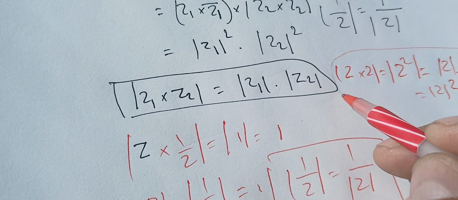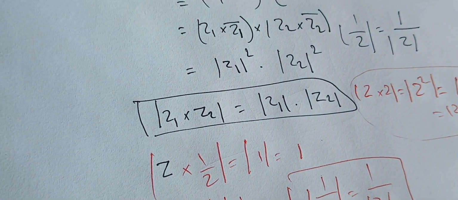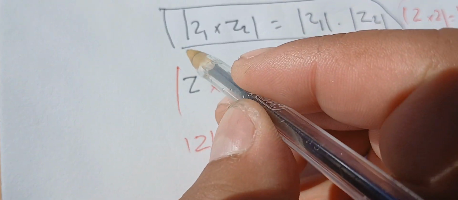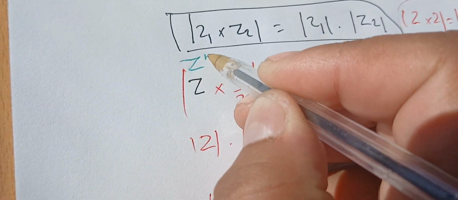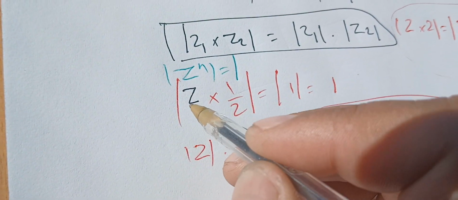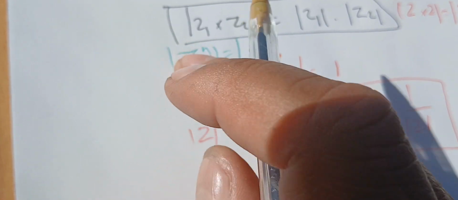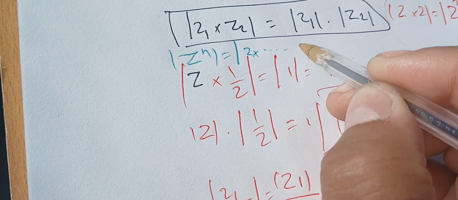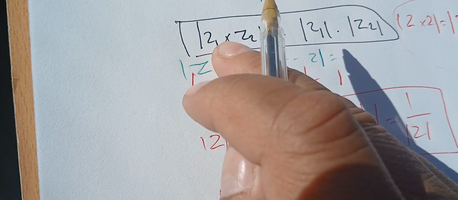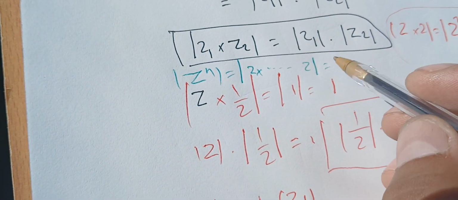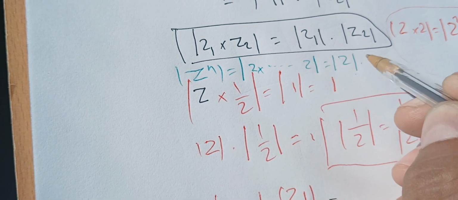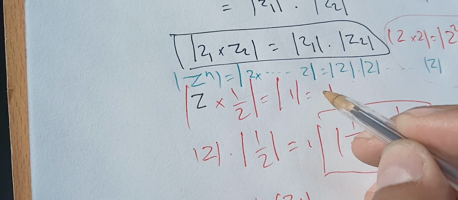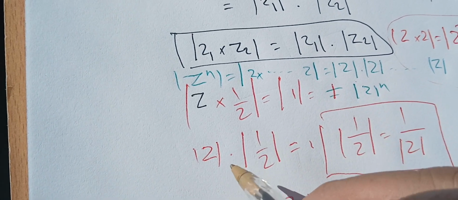Okay, here. So now if we have n numbers, z to the power n, according to our definition, with n an integer, is z times z times z, n times. According to this definition here, this is the norm of z times the norm of z times the norm of z, n times. But this is just the norm of z to the power n.